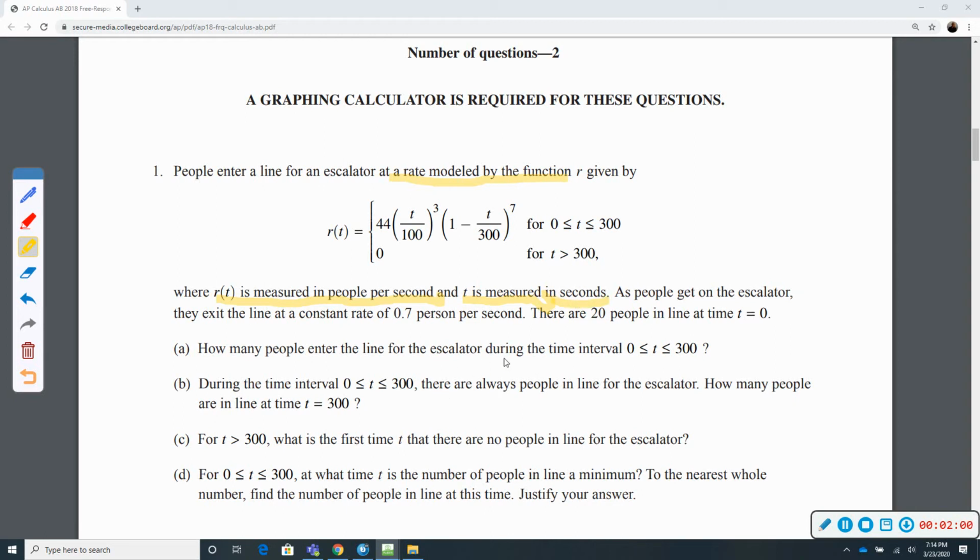As people get on the escalator, they exit the line at a constant rate of 0.7 person per second. So people are getting into the line at this rate, but they are exiting as well at a rate which is constant, 0.7 person per second. And there are 20 people in line at time t equals 0.